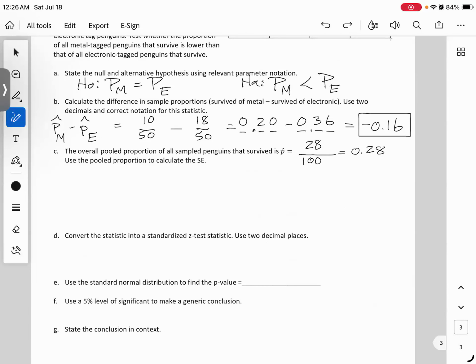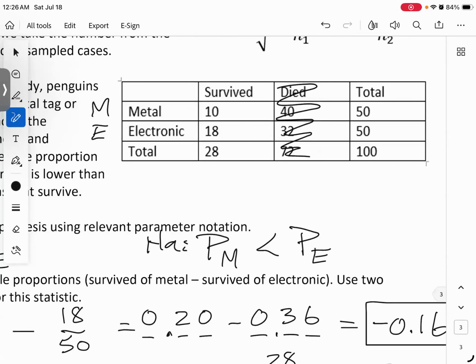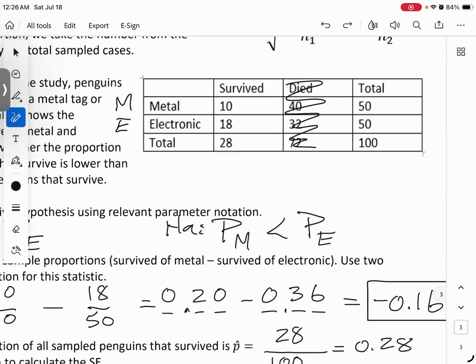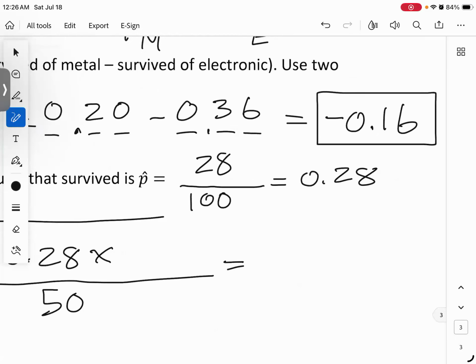Again, that's just an assumption: what may be true is that the proportion that survive is 28% for group one and also for group two. Both of the groups had the same sample size, 50 and 50, so we're going to use that. Then the only thing we're missing now is the complement. I'm just going to sneak that in right here, somewhere that hopefully doesn't take up too much space.